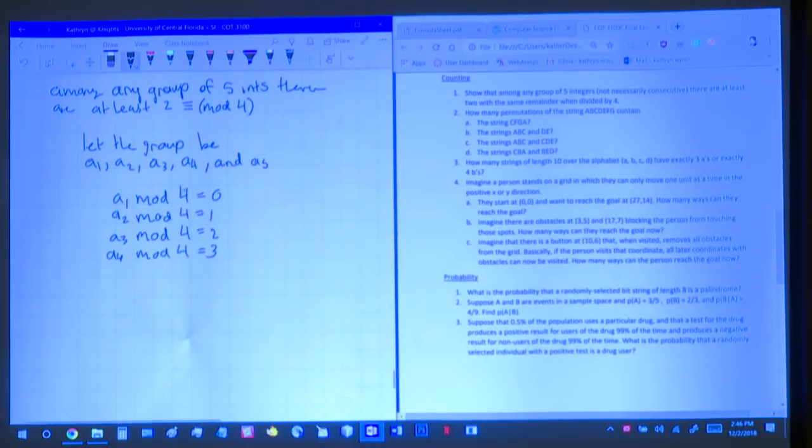So since there's only 4 options when you mod by 4, A5 mod 4 must be either 0, 1, 2, or 3. So basically the pigeonhole principle is even if all of these are not equal mod 4, A5 must be equal to one of them.